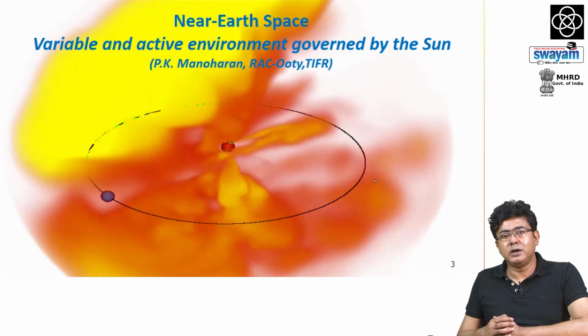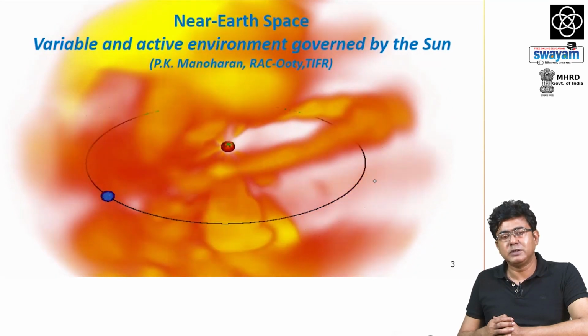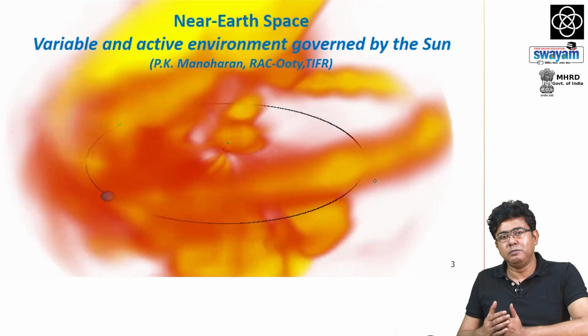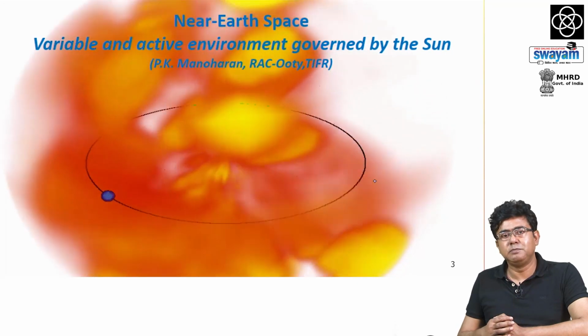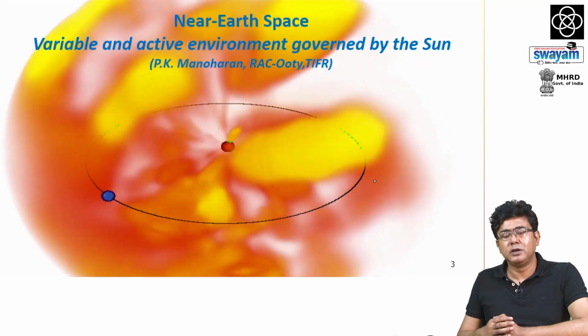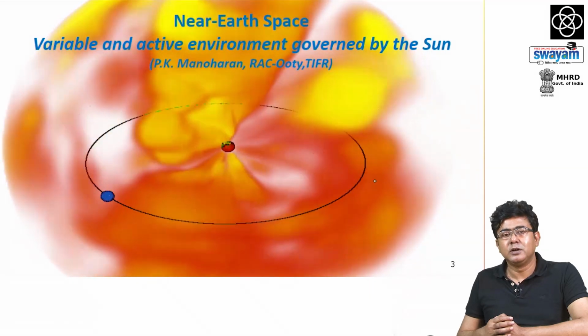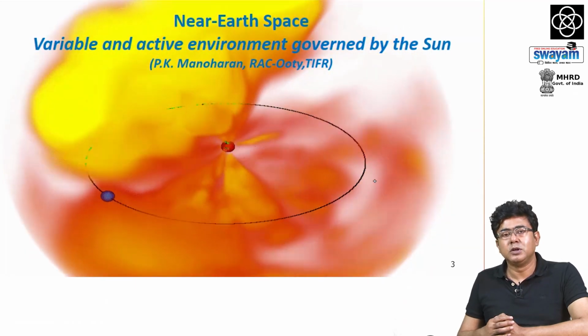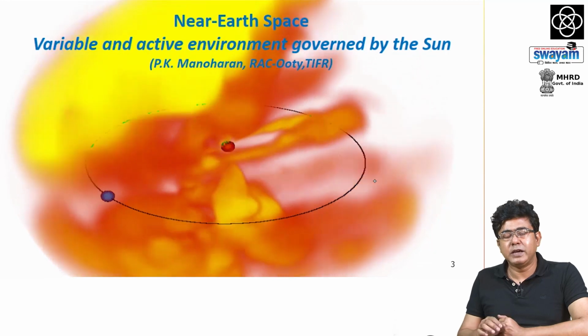What you see here are solar wind and coronal mass ejections, which are very large scale storms from the sun perturbing the environment of the inner heliosphere, which contributes to variable space environment.